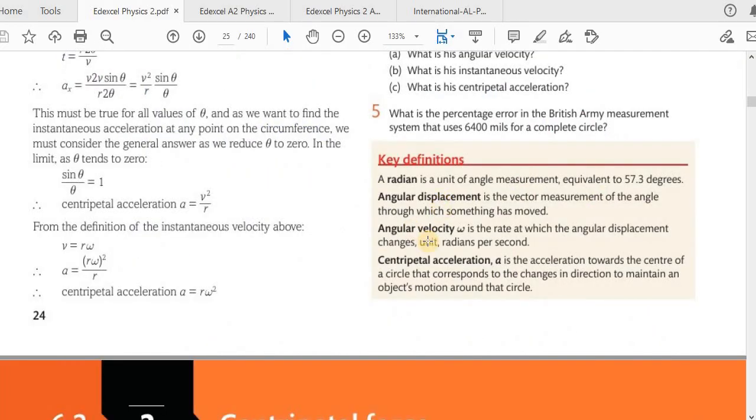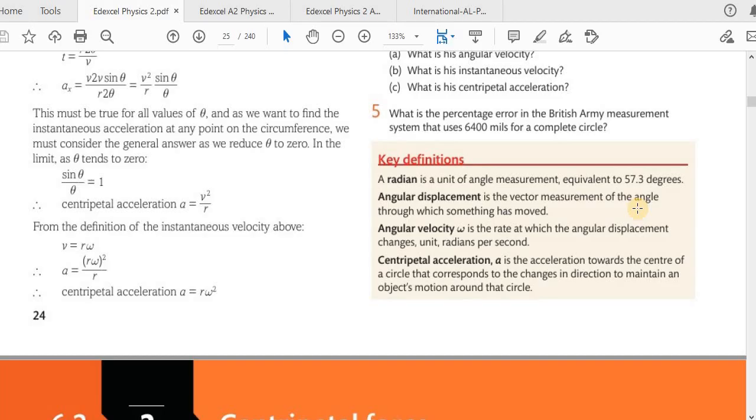Okay, then angular velocity, centripetal acceleration, you should know these definitions. Now you should know these definitions, because if you try to write in your own words, you might miss certain keywords. So best thing is to memorize it and write it with understanding.